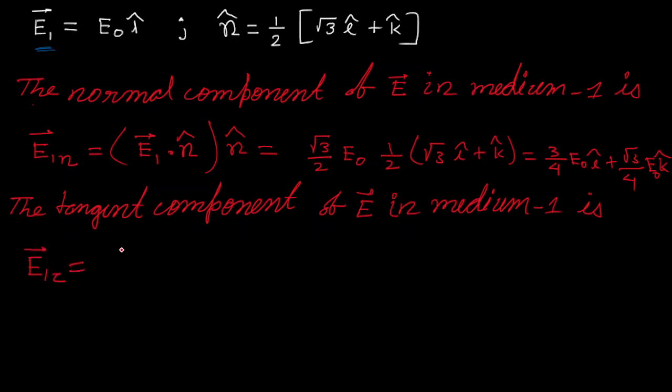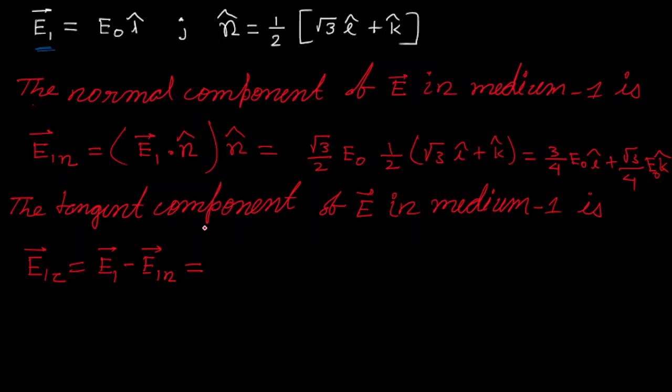We can write E1 is equal to E1 tangent plus E1 normal. So we can write E1 tangent is equal to the E1 vector minus the normal component of this electric field vector.